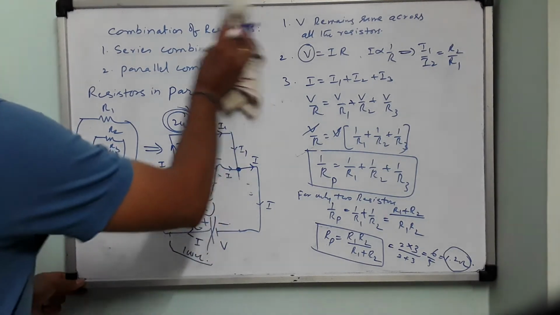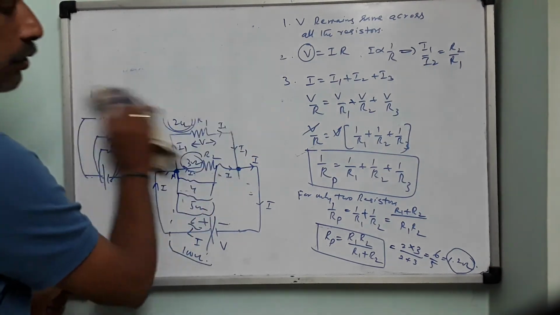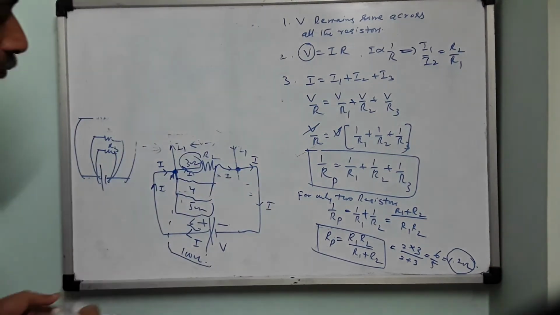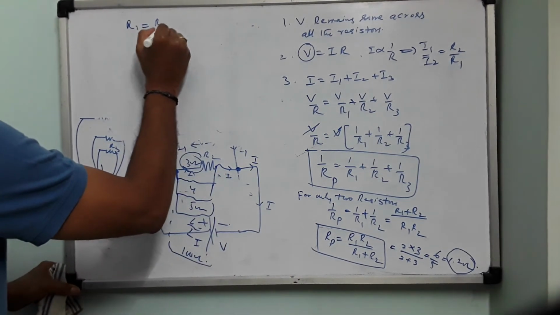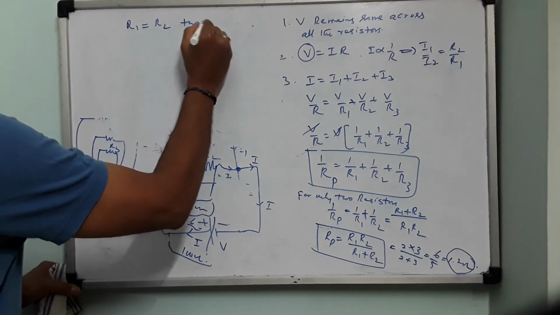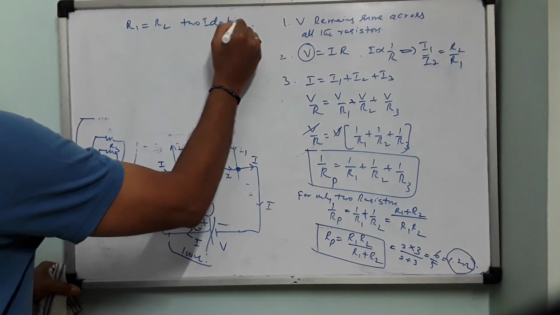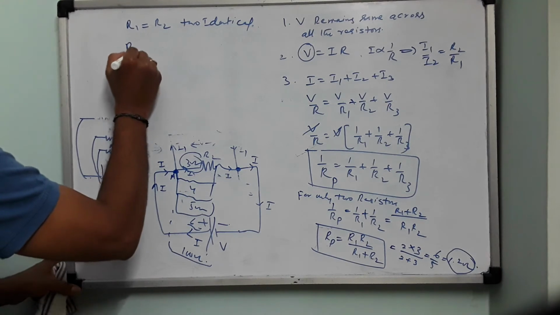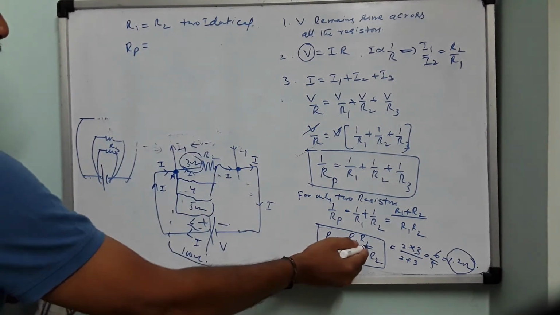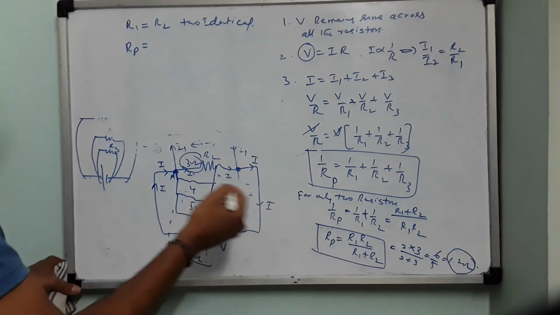Okay, right. Now, a little extension to this topic. Suppose R1 equals R2. That means you have 2 identical resistors. Then what will happen? R parallel equals R1 R2 by R1 plus R2. When both of them are the same, there is no need of any subscript.